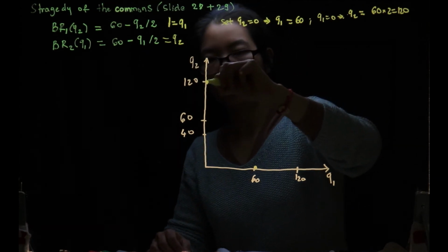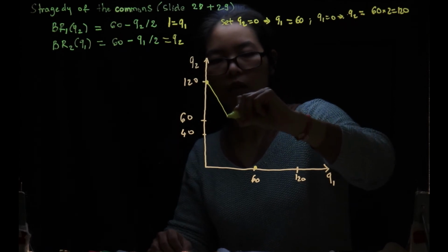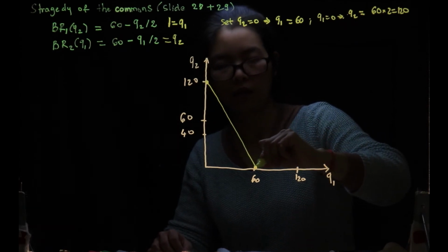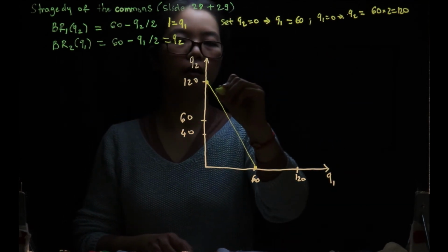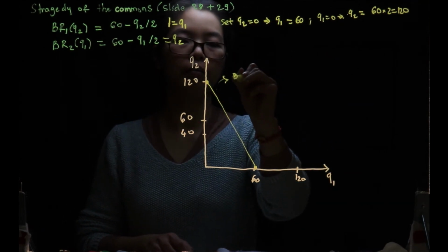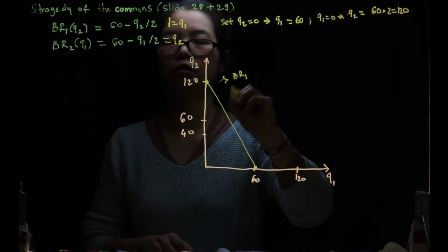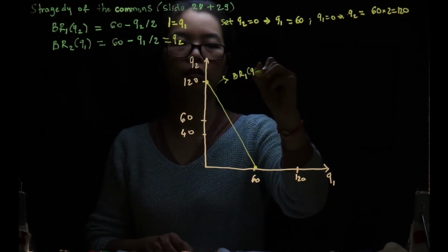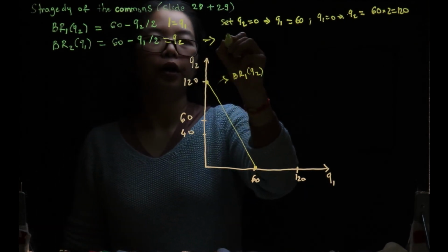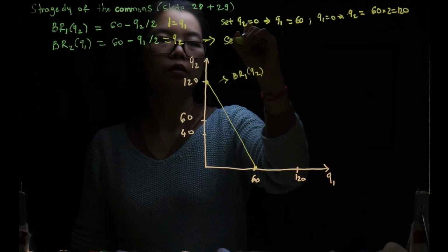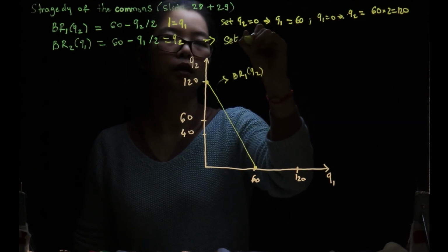So by connecting these 2 points, I get the best response of herder 1 as a function of q2. And here for the second herder, I do the same.